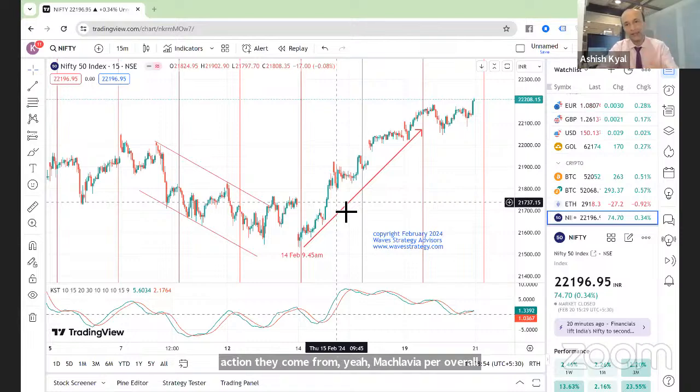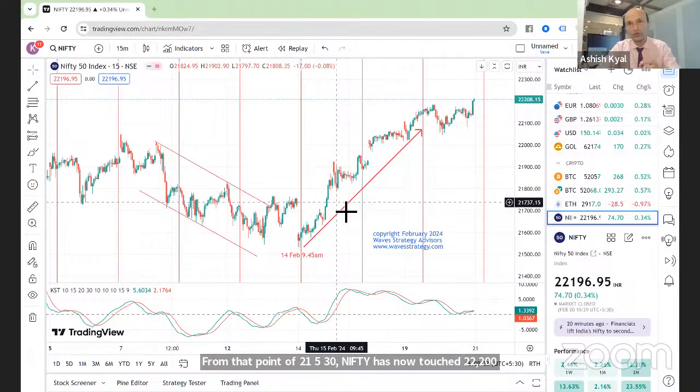So that early on in the rally you got an indication both by time, you were able to get the time to expect at least a pullback, if not a rise. Secondly, price action confirmed it's not just a pullback, but it is a bigger rise, and that's what we saw. And from that point, low बना था 21,530 पे. From that point of 21,530, Nifty has now touched 22,200 के आसपास.